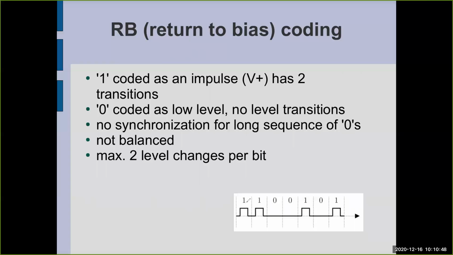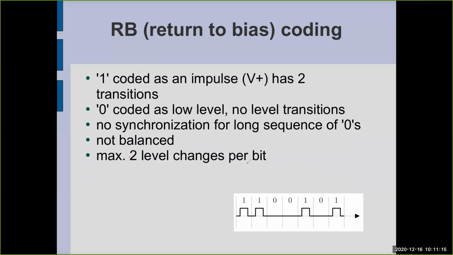So what is the problem here? We have synchronization for 1s. Every bit of value 1 is perfectly synchronized because I can distinguish it, since I observe 2 level changes per bit. But the problem is that we have to generate 2 level changes per single bit.